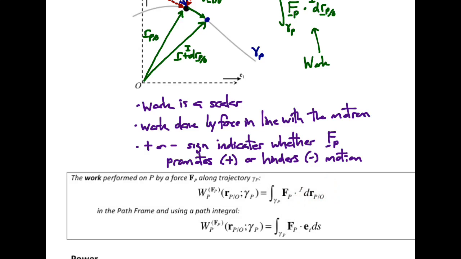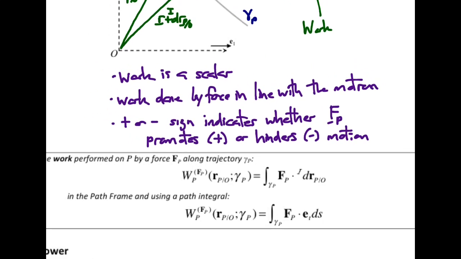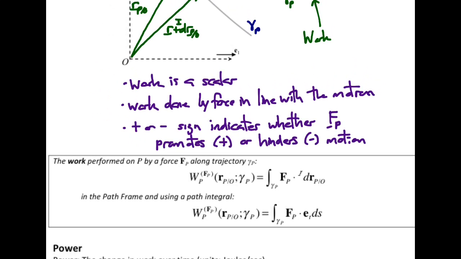We have to observe that from an inertial reference frame. We have to not only state the frame, but in this case we always need to do this with respect to an inertial reference frame. And so that is our definition of work when we take the integral along the path, or along that trajectory, gamma p. Look at the left-hand side, and we do have cumbersome notation for this. But it tells us a lot.